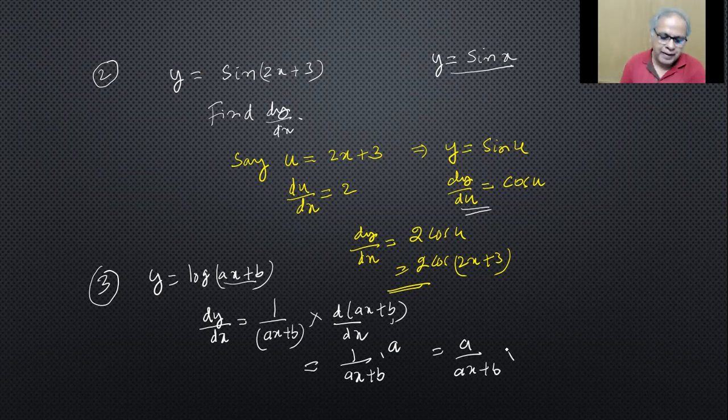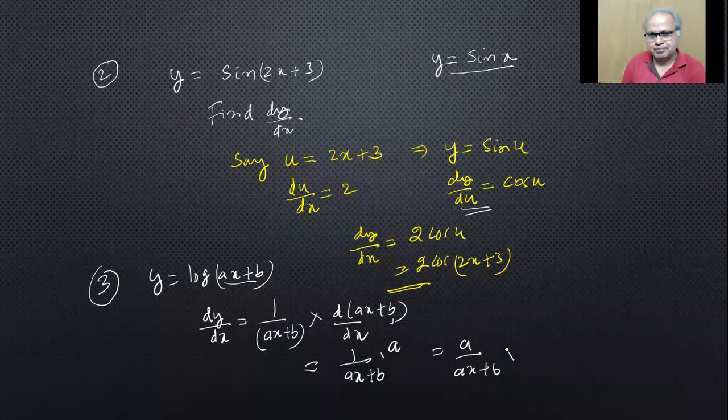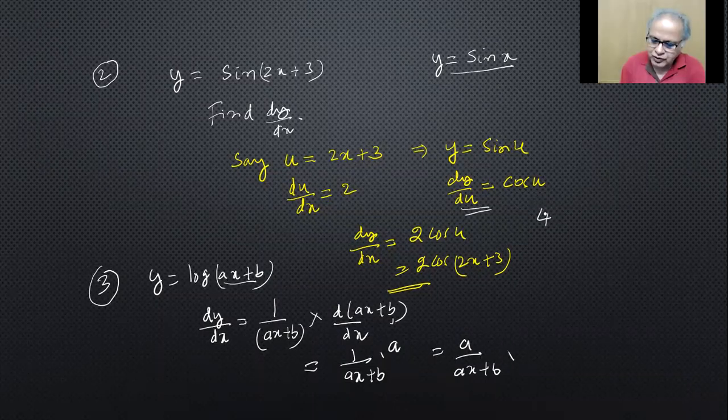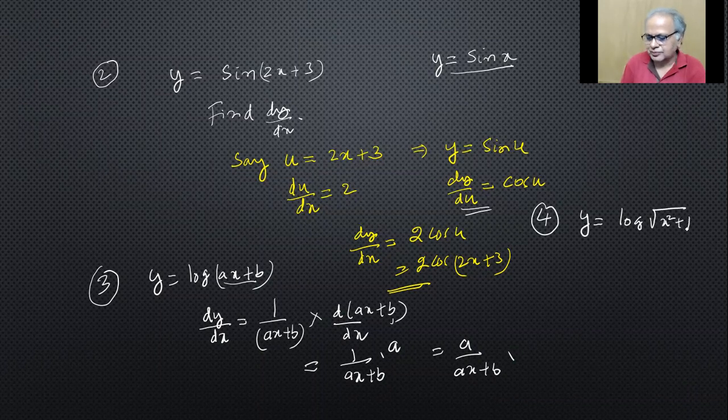Okay. Now the fourth one. y equals log of root of x square plus 1. Now I've given you 3, so you need not bother; 1 by 1, you just keep doing.